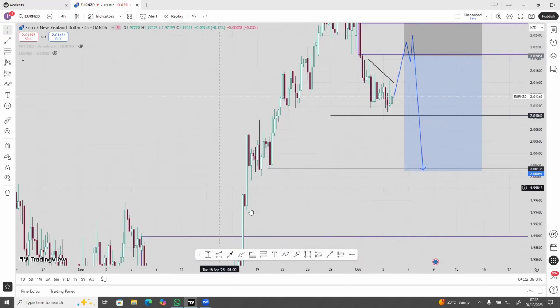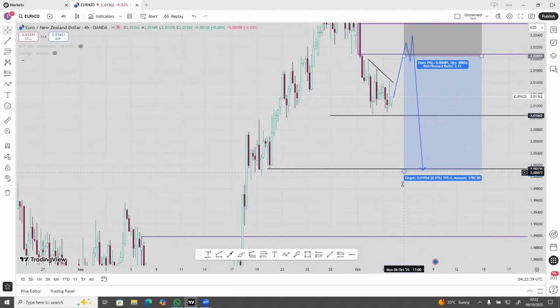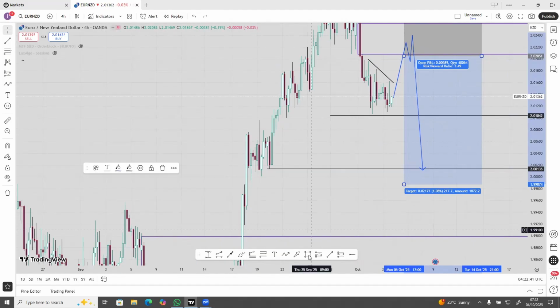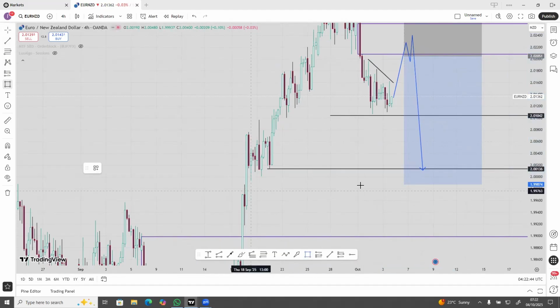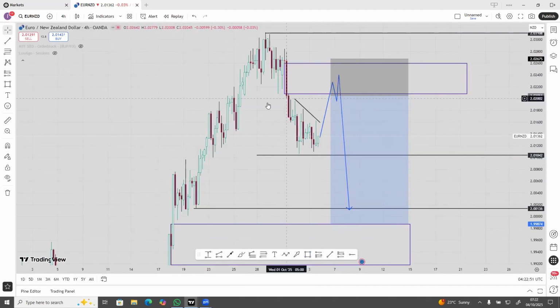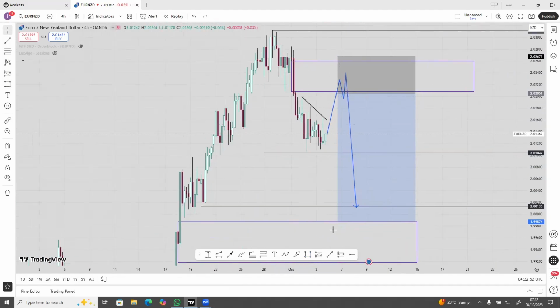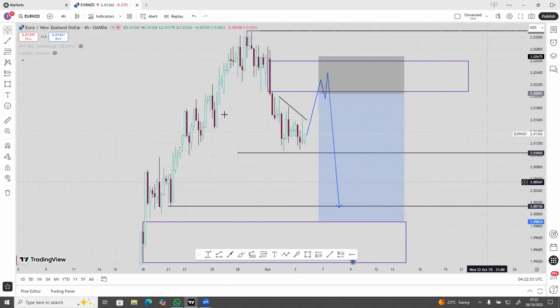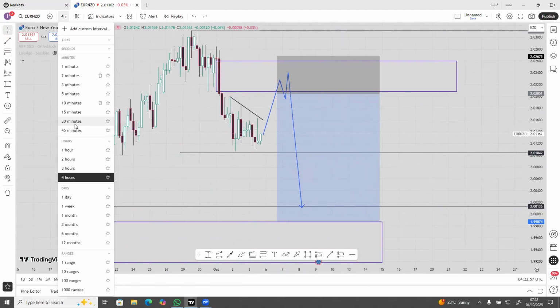Also on 4 hour, we have mitigated demand, so you can target this demand directly. You see this, there is that mitigated demand. So immediately after market open, wait for mitigation of that FVG, and then we can take a short position. For scalpers, you can shift to a lower time frame.